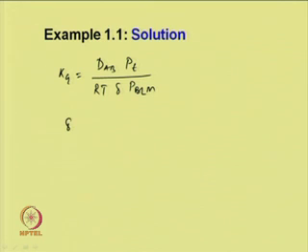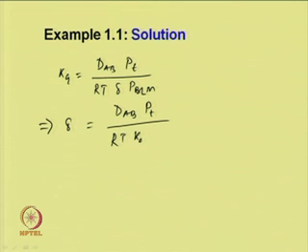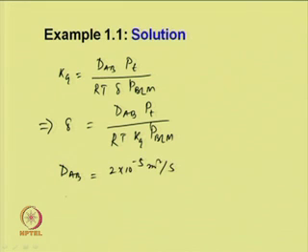So delta we can write as equal to dAB Pt divided by RT Kg PB ln. dAB is given as 2 into 10 to the power minus 5 meter square per second.